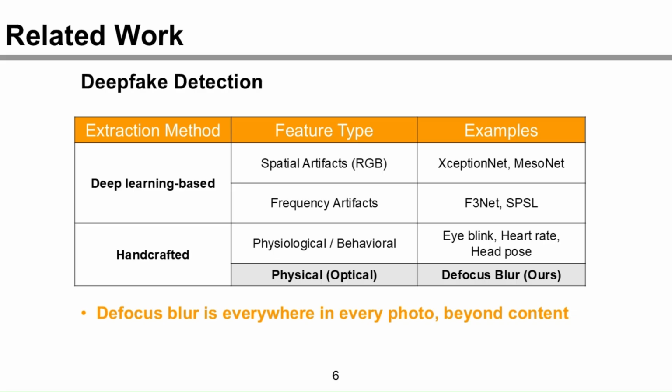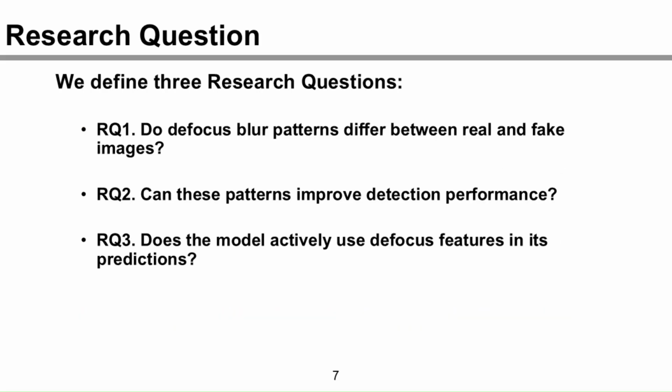We focus on real images using a key physical signal, defocus blur, which is universal and hard to mimic. This method allows us to visualize the defocus map and see precisely why the model makes a decision. To validate these insights, we formulate three key research questions to guide our study.